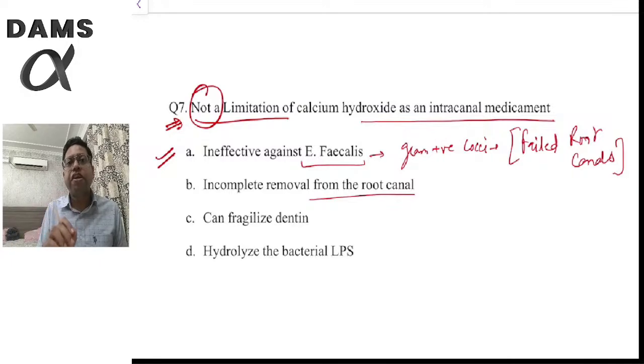But a disadvantage of putting calcium hydroxide inside the root canal is that it cannot be completely removed by any of the available methods currently.